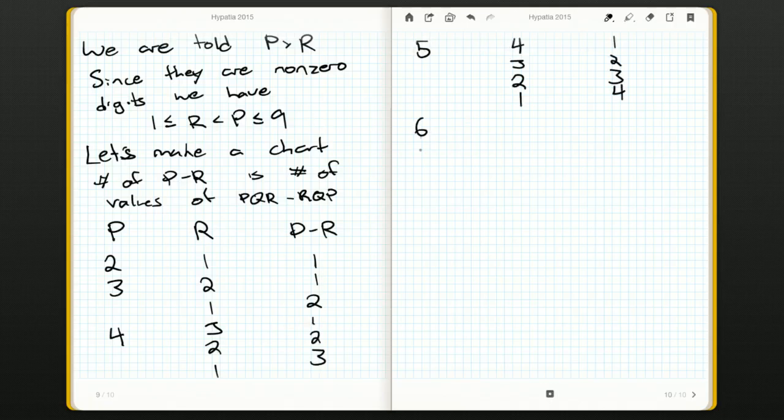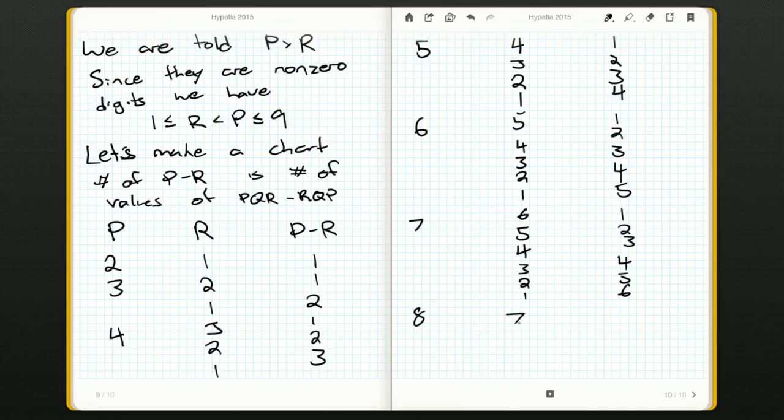We notice a pattern, hopefully. 6, we have 5, 4, 3, 2, 1. That gives us differences of 1, 2, 3, 4, 5. How about 7? And then we'll probably have 8 down here. And then we'll have one more to do on the next page. Differences of 1 through 7, then 1 through 6, and so on.